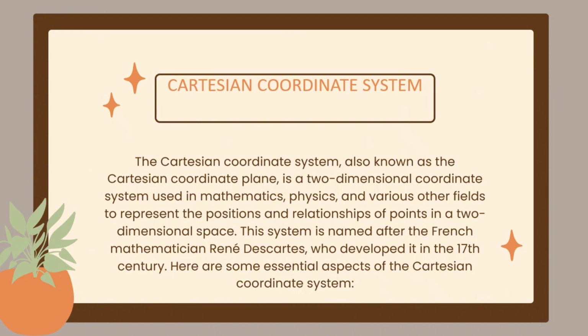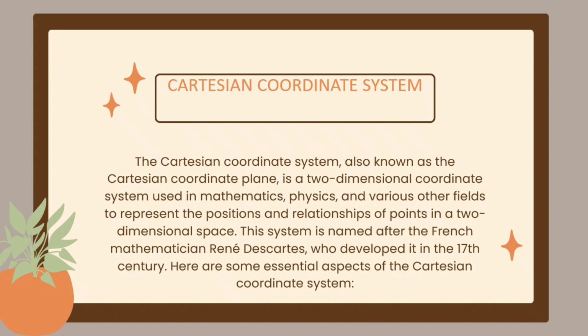Cartesian Coordinate System. The Cartesian Coordinate System, also known as the Cartesian Coordinate Plane, is a two-dimensional coordinate system used in mathematics, physics, and various other fields to represent the position and relationship of points in a two-dimensional space.